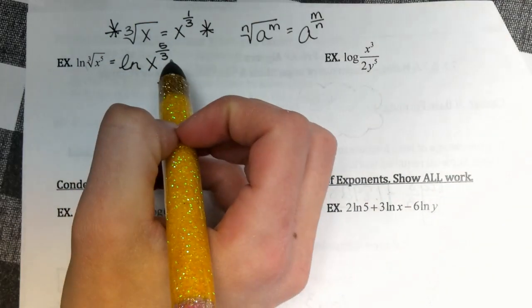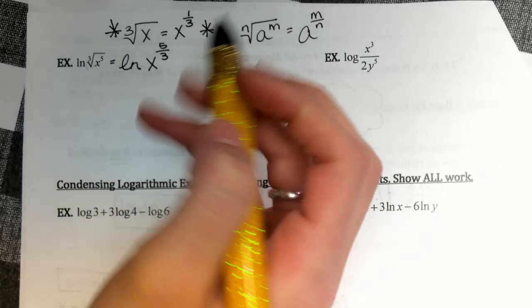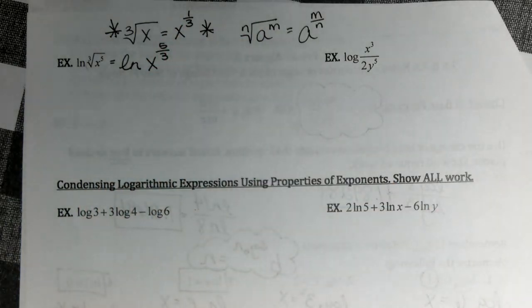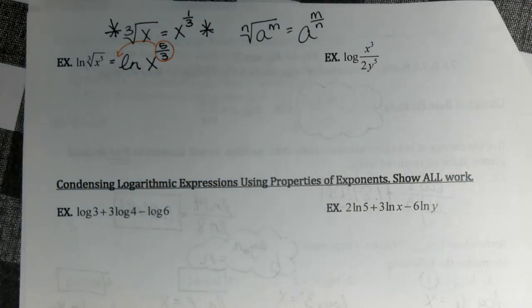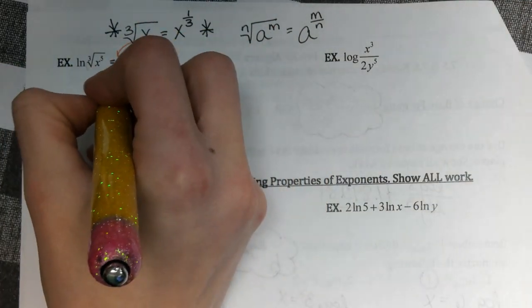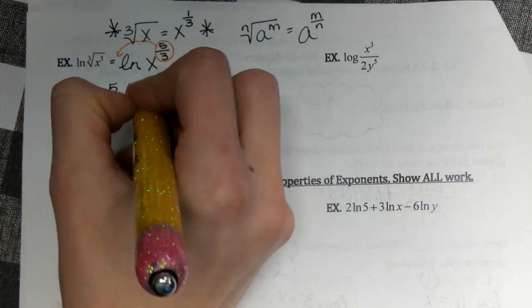So you put it in your exponent form. Now the only thing I have to do is what? I can't separate because I only have one term. I only have one x. But I can take that exponent right to the front. So it's going to become 5/3 natural log of x.